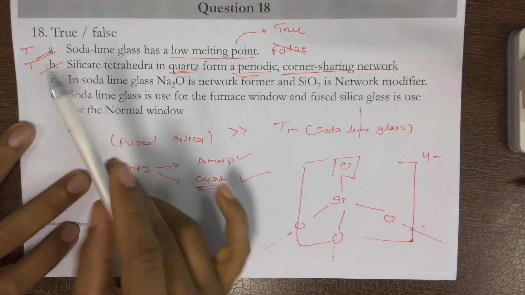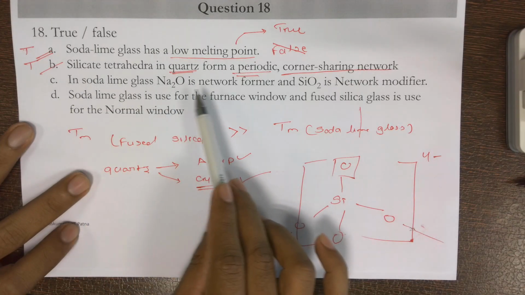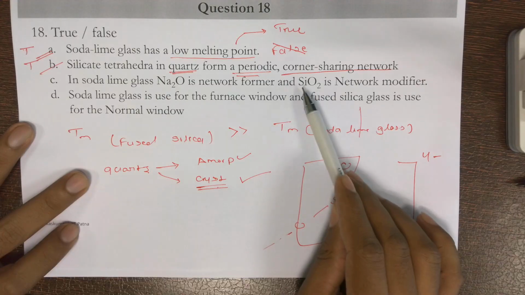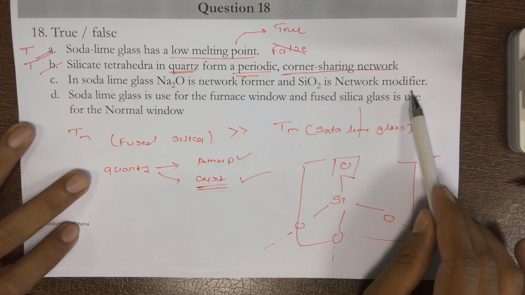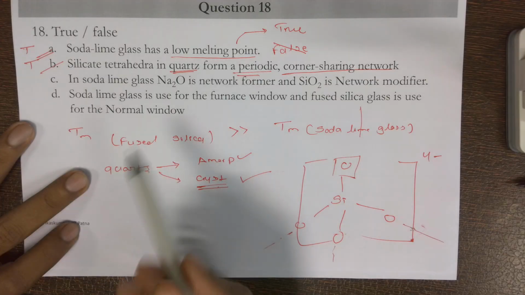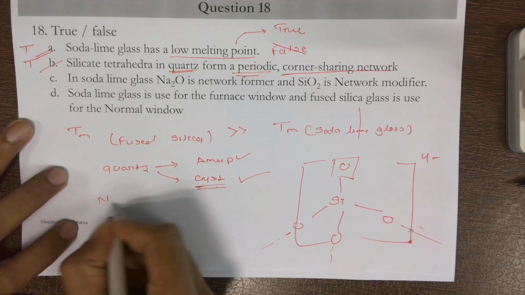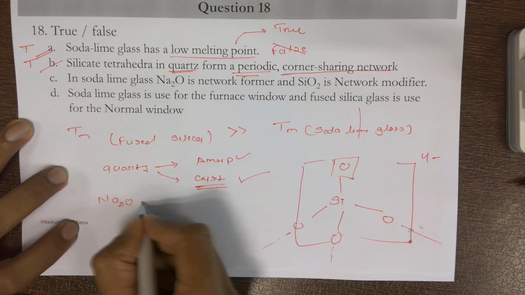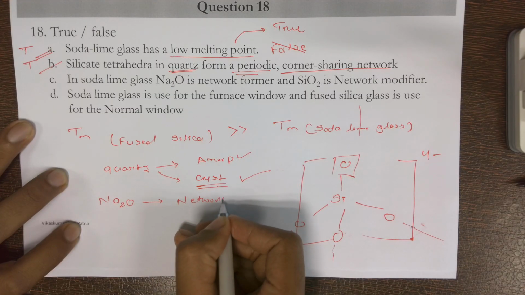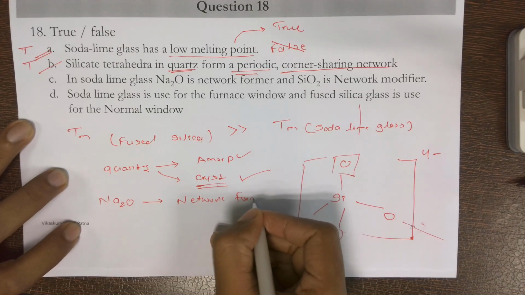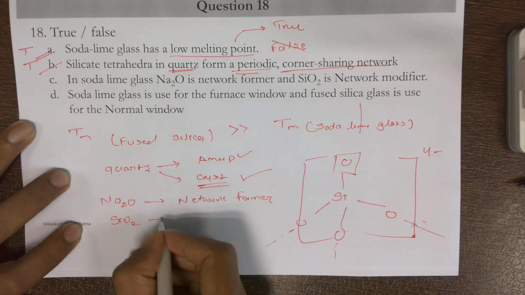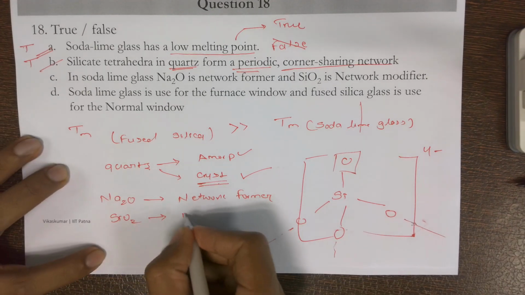Let's go to the next part. In soda lime glass, Na2O is a network former. They're telling that Na2O will form the network, while SiO2 will modify it.